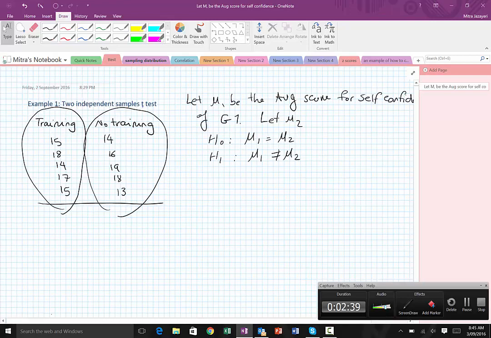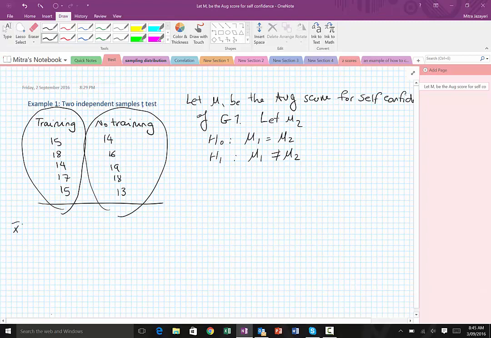In order to do this analysis, we have to describe each group. So if I do x bar 1 is equal to 15 plus 18 plus 14 plus 17 plus 15 divided by 5. And that will give me 15.8.